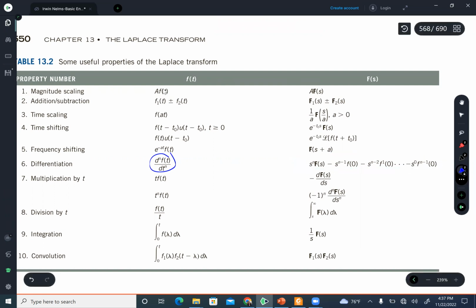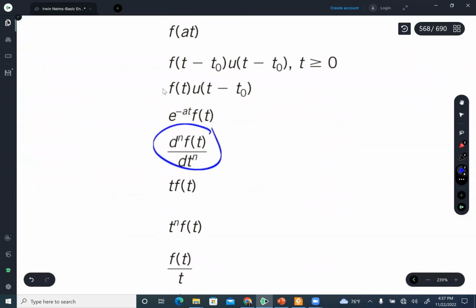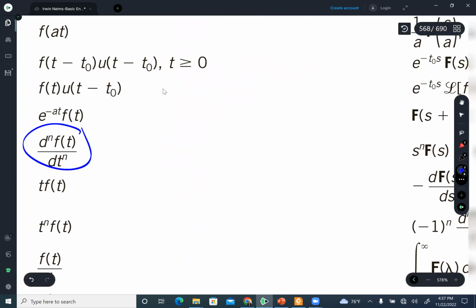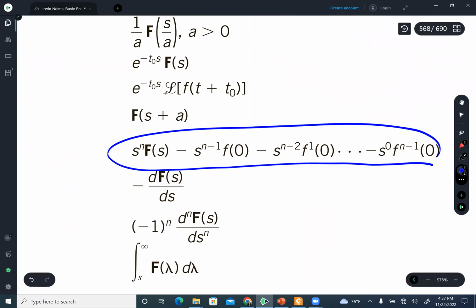It depends on how many derivatives you're taking, but say you're taking just one derivative, right? So if you take one derivative of f of t, meaning n is equal to 1, then its Laplace transform is going to be, generically, this, right? So you would get s to the 1 times F of s minus s to the 0 times f of 0, right?